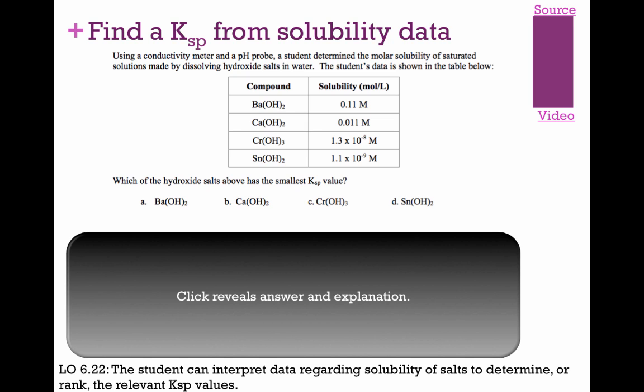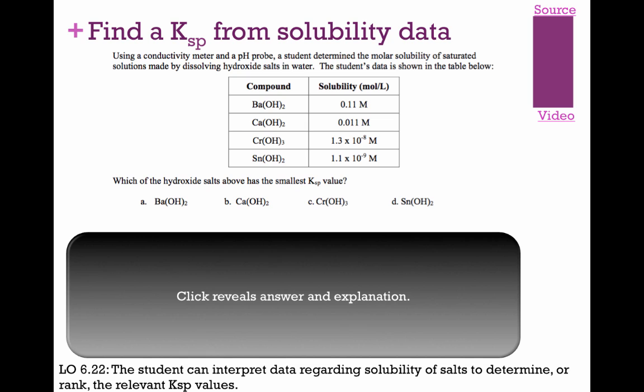What's my ratio of barium hydroxide to Ba2+? 1 to 1, which means if I dissolve 0.11 molar, I dissolve 0.11 molar of barium 2+. But what's my ratio of barium hydroxide to OH minus? 1 to 2, which means I have 0.22 molar there. Then I can plug this into my Ksp.